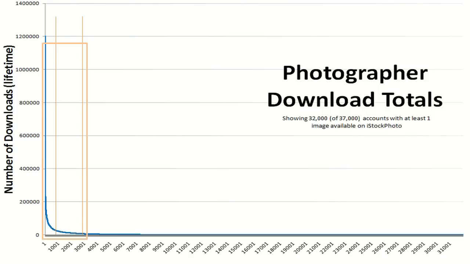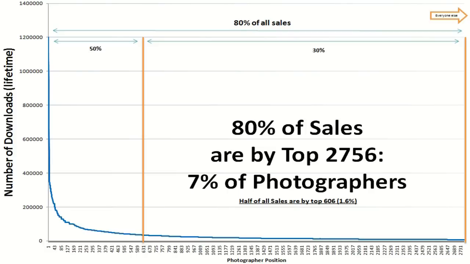If you take a look at the number of sales, you see very much the same pattern of this 32,000 of the 37,000 photographers that iStock have. Their downloads are again very head heavy. You see here it's even more accentuated. 80% of iStock sales are by only 2,756 photographers.